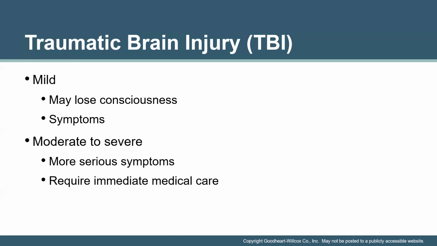So when we're talking about a traumatic brain injury, someone may lose consciousness. The symptoms may include headache, nausea, vomiting, convulsions, seizures, watching for pupil dilation of one or both, loss of coordination, confusion, agitation.